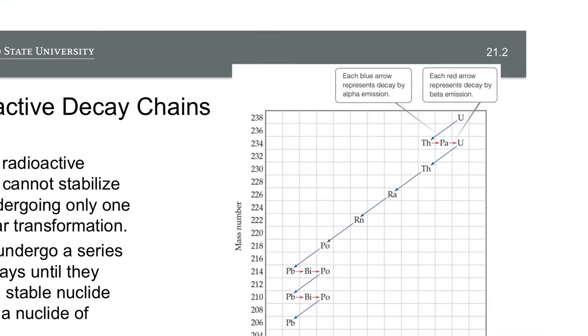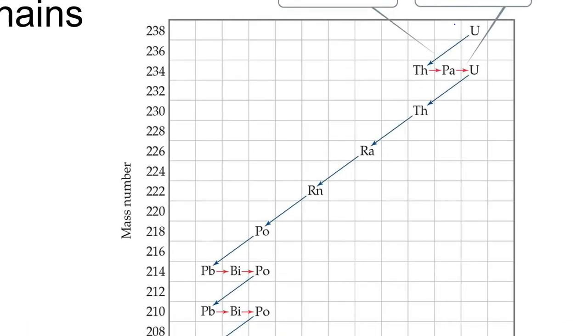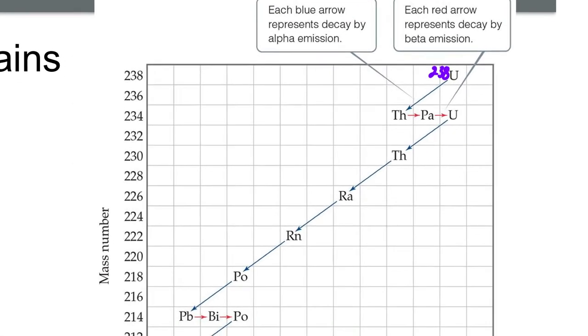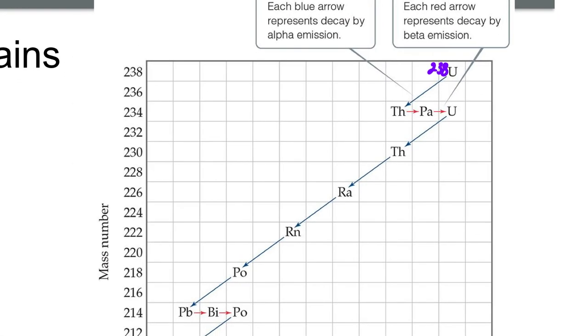Uranium-238 is a good example. We did the alpha decay of uranium-238 as an example. It forms thorium. Each blue arrow represents alpha emission, so emission of that helium particle. The red is a beta emission, so an electron.